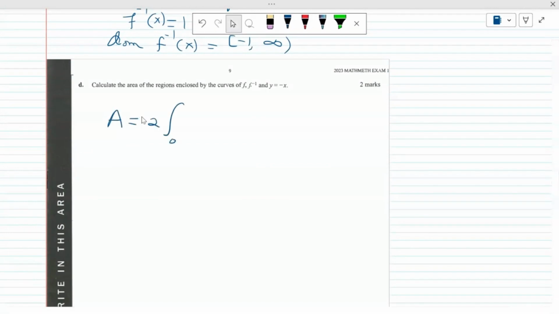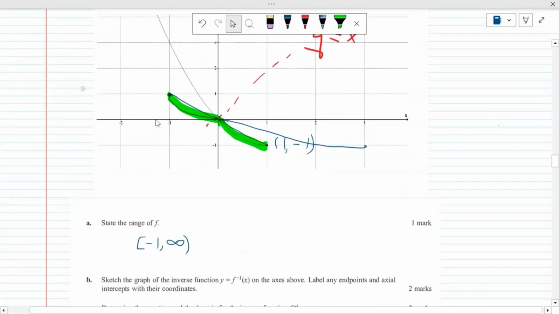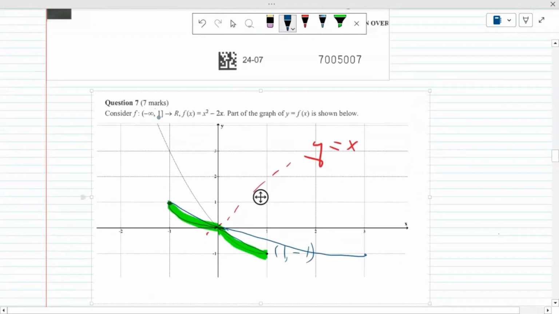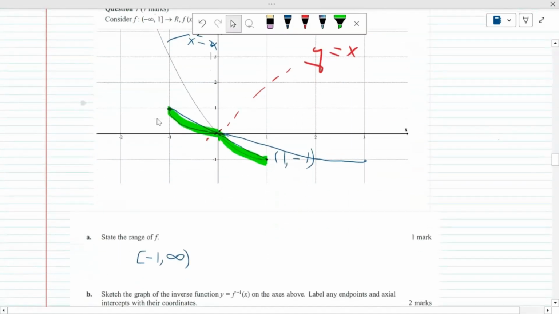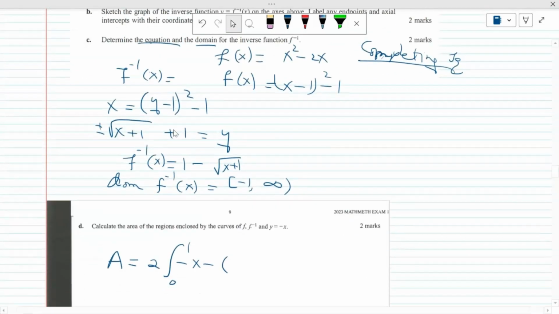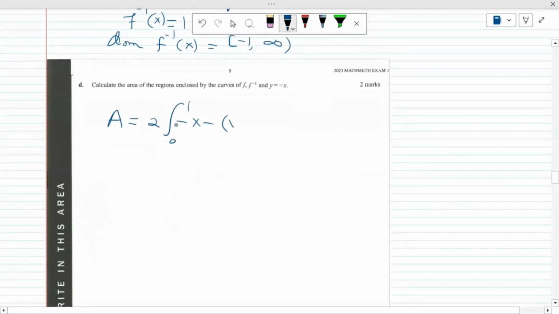So the area has to be 2 times the integral from 0 to 1. My upper curve is negative x, minus the lower curve, x squared minus 2x, dx.